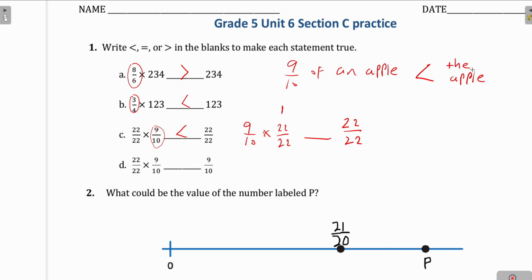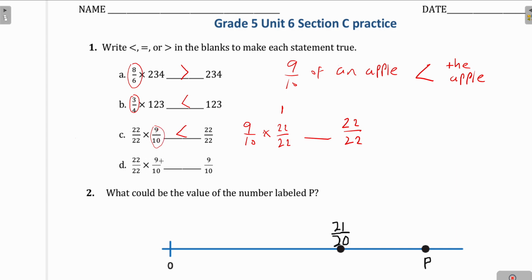Well, because you didn't eat the whole apple, you ate 9/10 of it. You still have another tenth left. You didn't eat the 10/10. You didn't eat the whole apple. You ate only 9/10. So that makes sense here, right? 9/10 of a number is going to be less than that number because you didn't eat the whole thing.